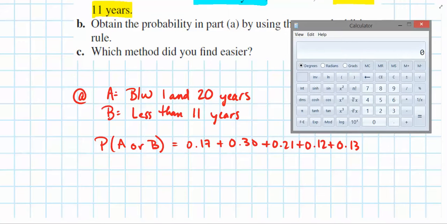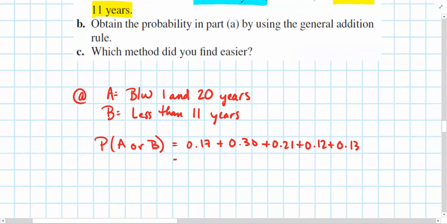I can add those probabilities together with the calculator, 0.17 and 0.30 and 0.21, 0.12, and 0.13 all sum to 0.93.